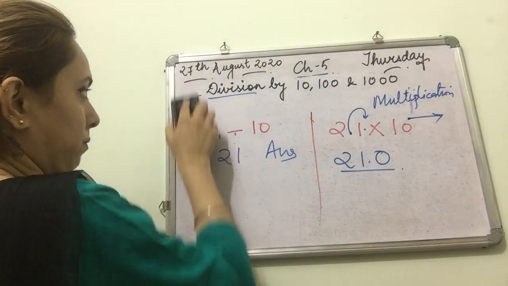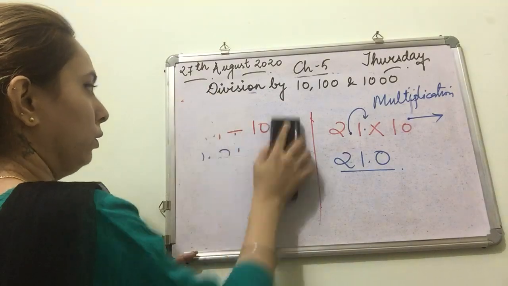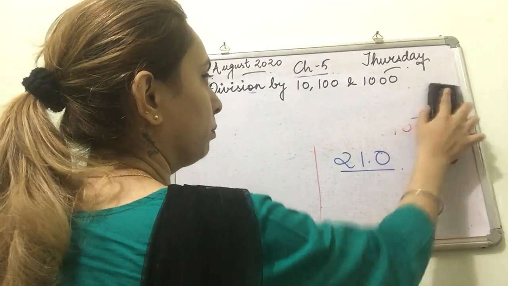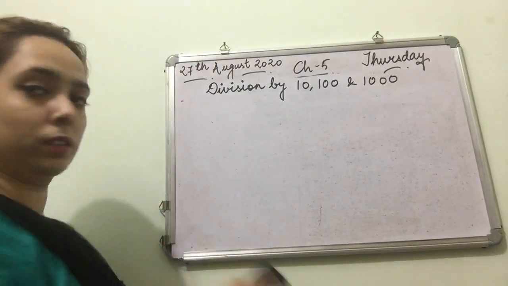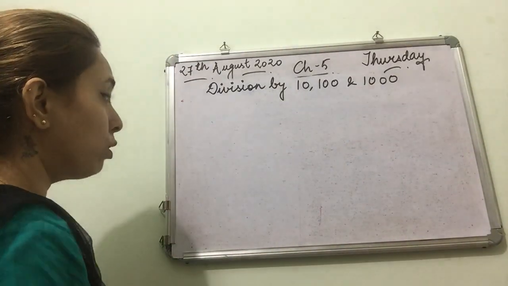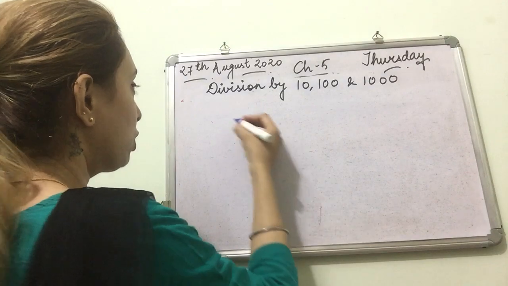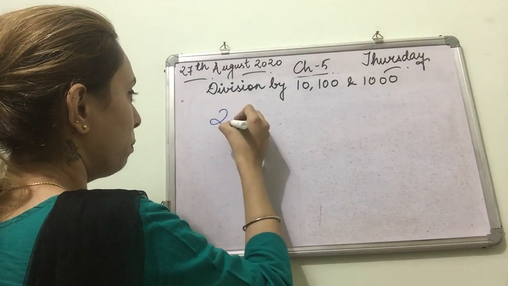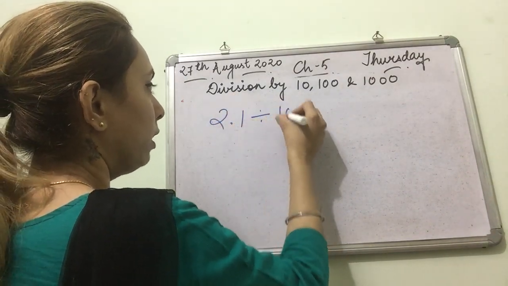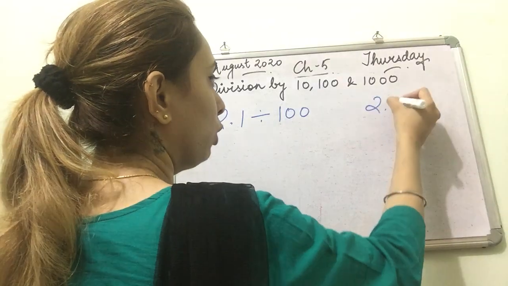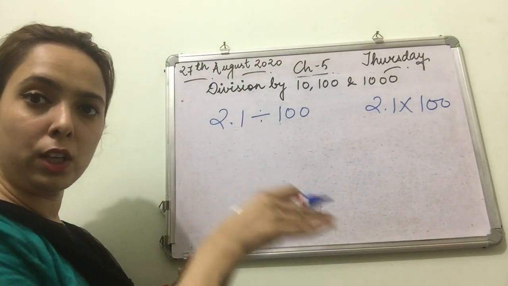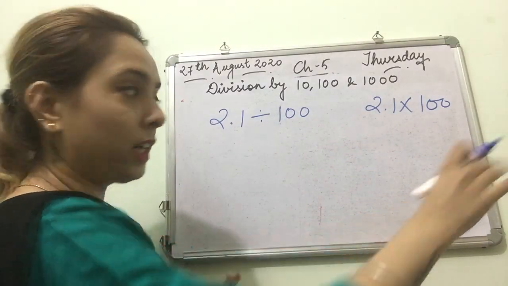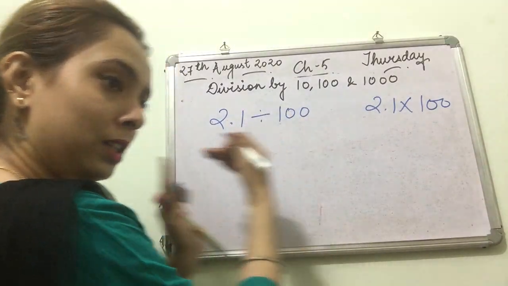So let's take some examples of 100 also. I'm explaining in both the ways. Suppose the question is 2.1 divided by 100 and here 2.1 multiplied by 100. Don't get confused. Multiplication, point shifted towards right. Division, point shifted towards left.